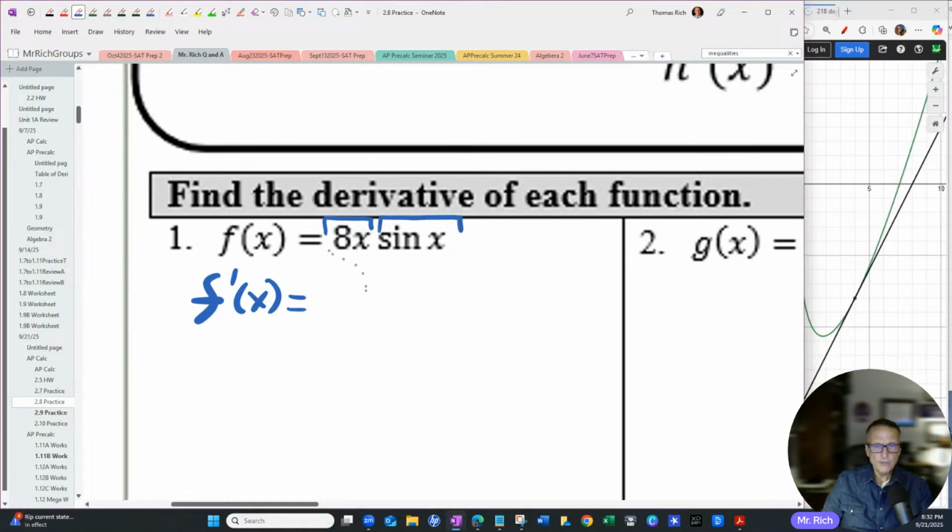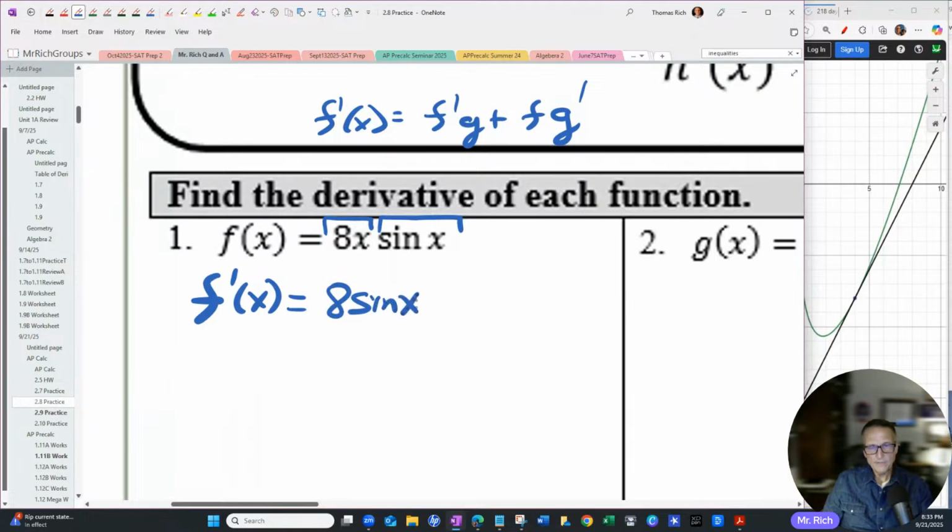So I will take the derivative. Remember, this is going to be my rule that I'm using. If I'm trying to find f prime of x, I'm going to take the derivative of the first times the second plus the first times the derivative of the second. So the derivative of 8x is 8, and the second function is just sine x.